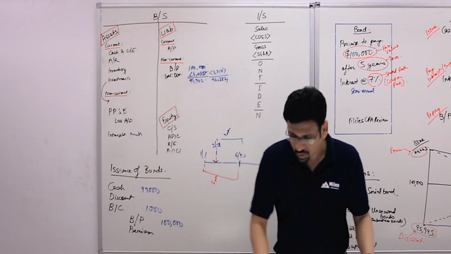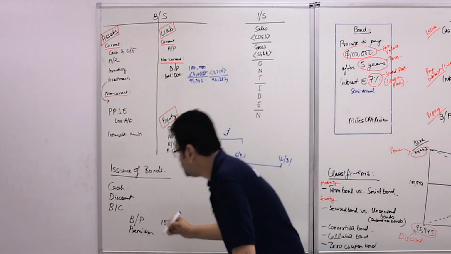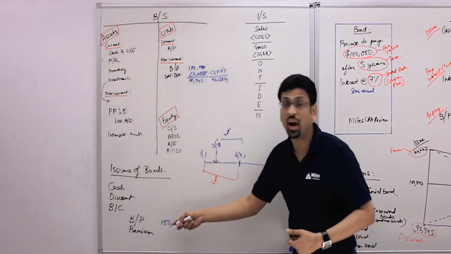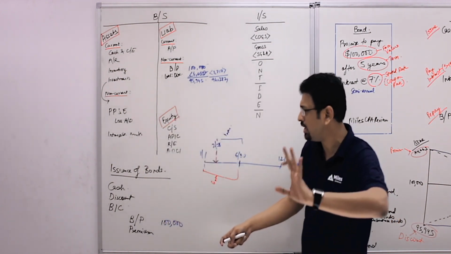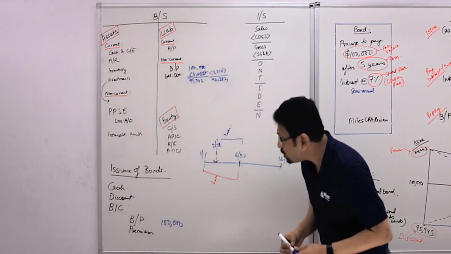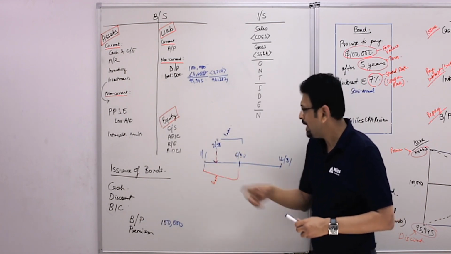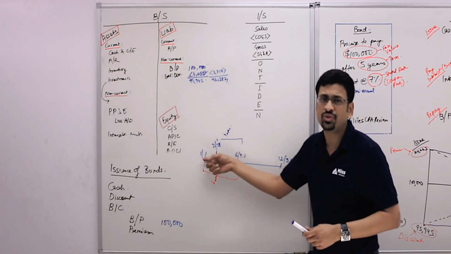So let me remove the bond issue cost and just get this in. Let's say we have bonds payable of $100,000. Let's assume no discount, no premium, no BIC. And we are issuing it to investors on 28th of Feb. So it's $3,500 interest for 6 months.